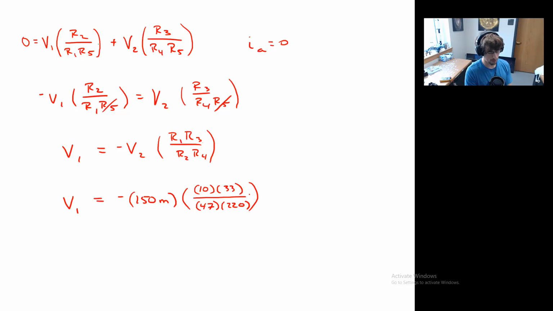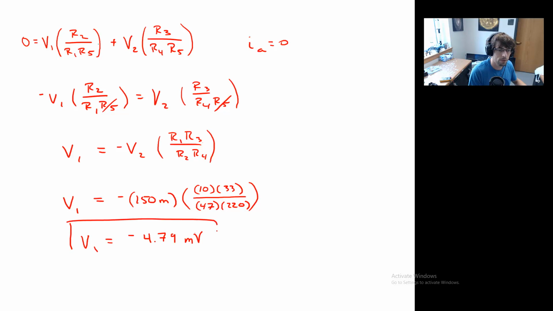We got 330 divided by parenthesis 220 times 47, times 150. So at the end of the day, I have that V1 would have to be equal to negative 4.79 millivolts in order for those two to match up. Cool. I'll circle that.